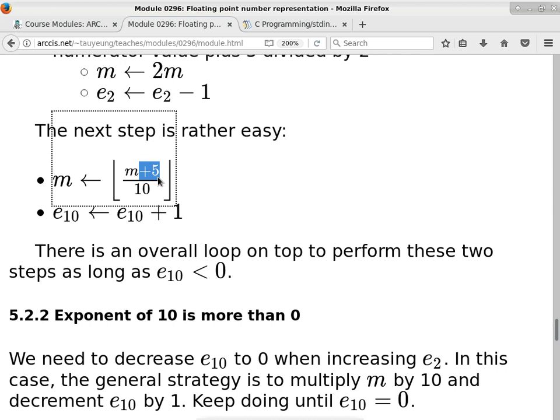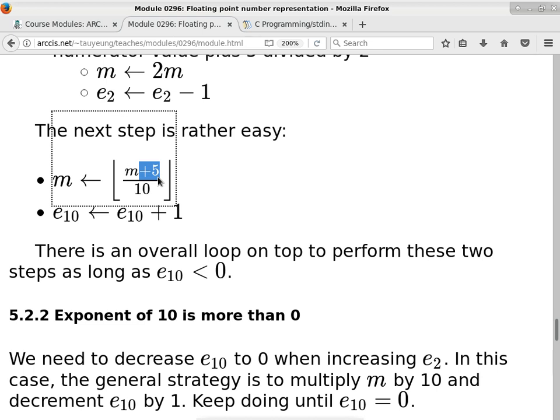Okay. So when do we stop doing these 2 steps? You kind of have to do the first step first to maximize the mantissa, do the second step to do the division and change E10. Okay, so these 2 steps can be performed as many times as you need, as long as E10 is less than 0. I'm not giving you the overall pseudocode because I want you to come up with the overall pseudocode.